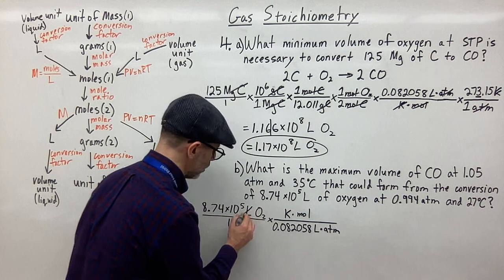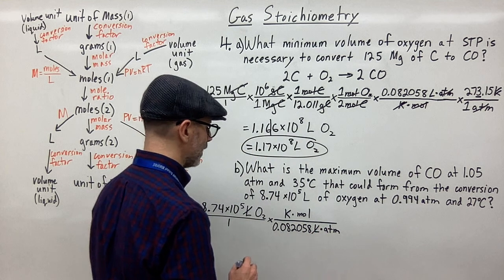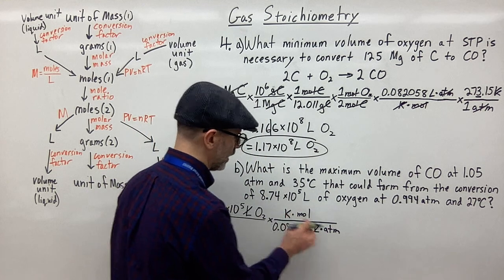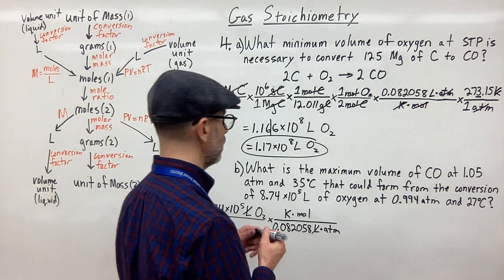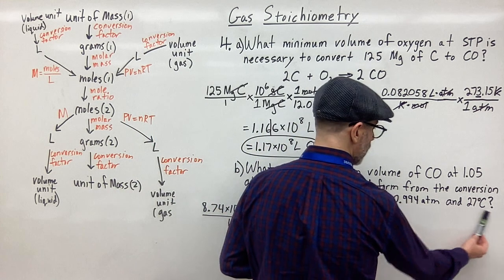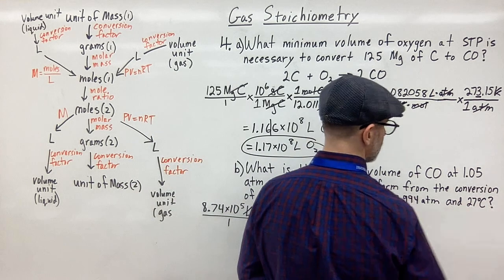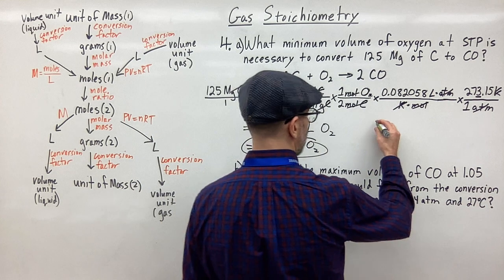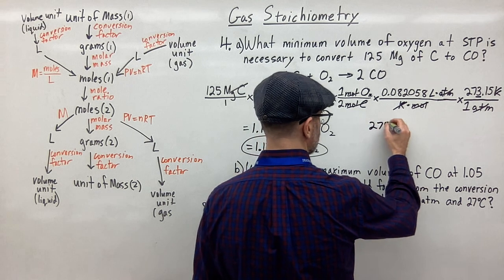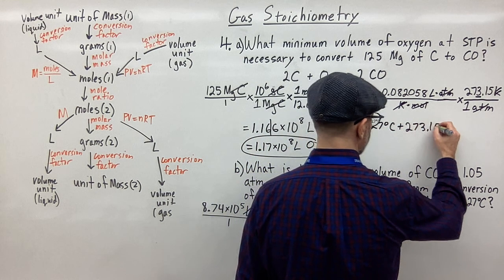So then the liters cancel out. And then we want to cancel out Kelvin and atmosphere. So that's where the atmosphere is here and the temperature here. We're going to have to convert the 27 degrees Celsius into Kelvin. So we can do that up here. So 27 degrees Celsius plus 273.15.